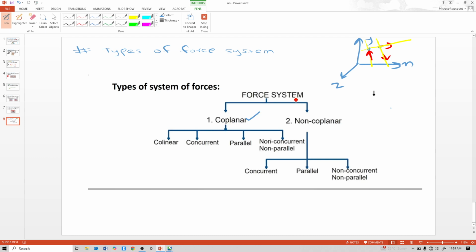That's why coplanar and non-concurrent force system. And coplanar concurrent is like this. Their lines of action meet at this single point, and they are in one plane only, the xy plane. So that is a coplanar and concurrent force system.